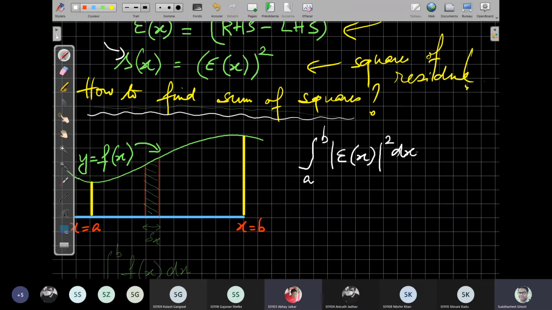Yes sir. So this will give me the sum of squares, but also remember, this is not just a sum of squares, I have to minimize this. I have to minimize this.